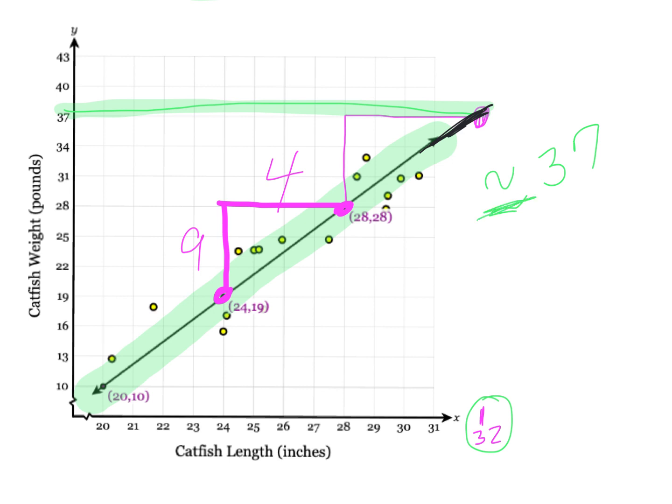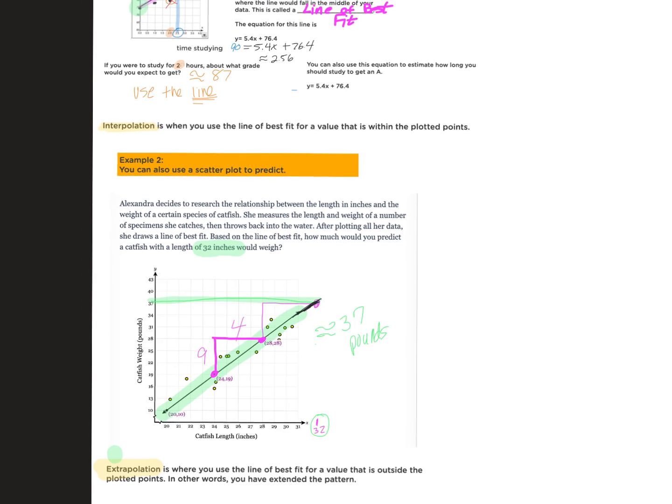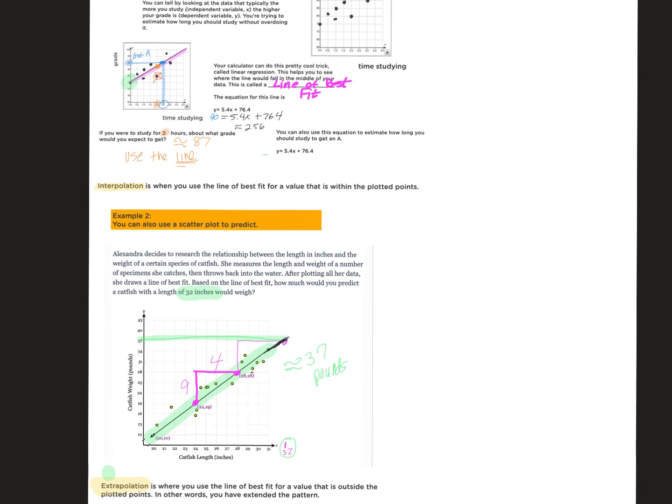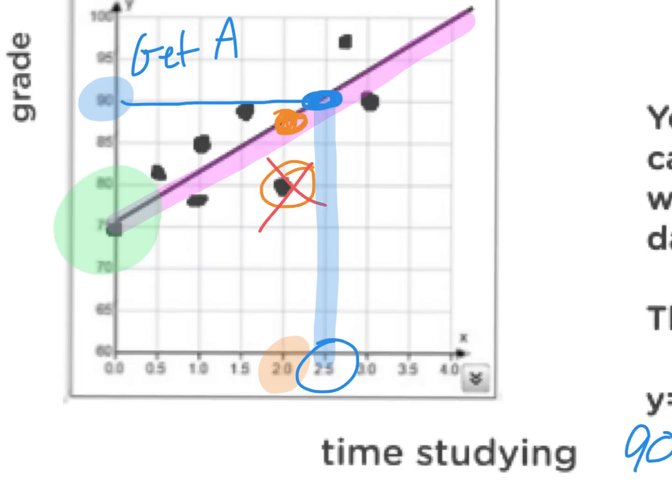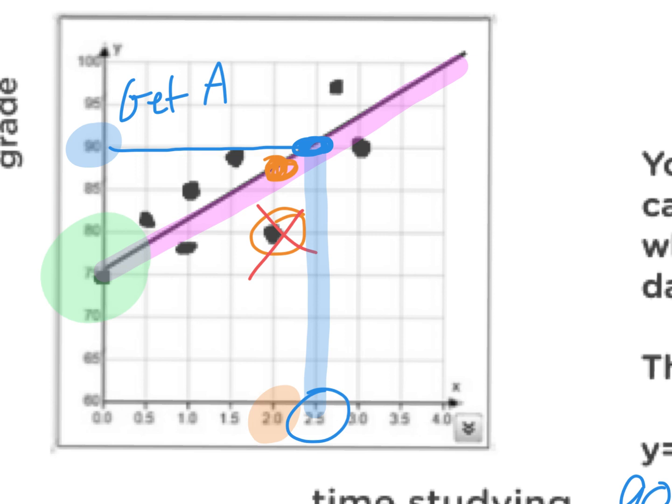And again, this is just an estimate. It's not perfect. Data science never is. You can't get 100% sure that you're right, but this will at least get you a good estimate. So those are the 3 different ways that you're going to use a line of best fit today. These lines where you'll use interpolation, where it'll say, hey, if X is this, what's the Y value?